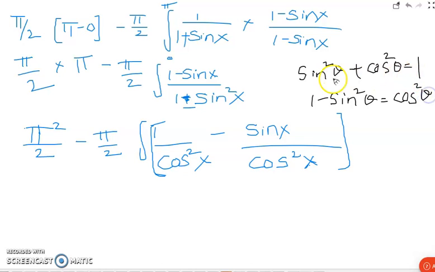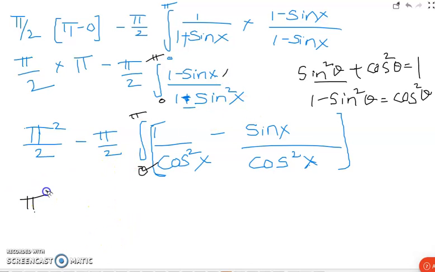In place of 1 minus sin square x, we can write cos square x, and we separate it. So pi square by 2 minus pi by 2, integral of 1 by cos square x minus sin x by cos square x.